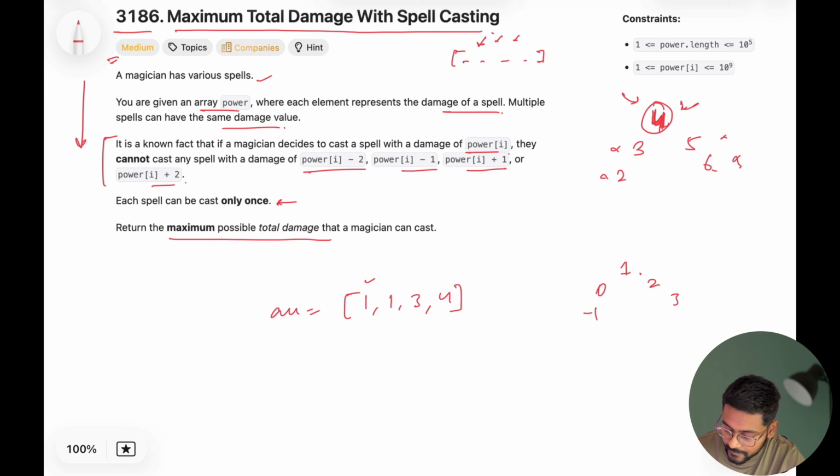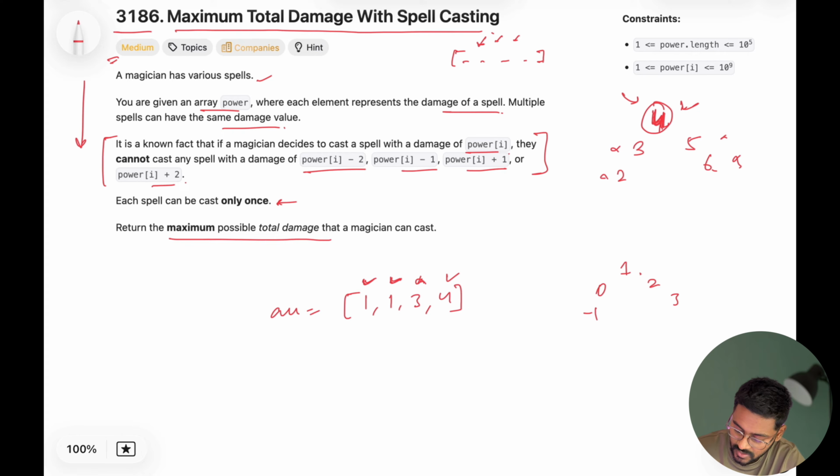So if I'm considering 1, then I cannot consider 3. But can I consider 1? Yes, because it is not written that we cannot consider a spell with the same damage. I cannot consider 3, but I can consider 4.